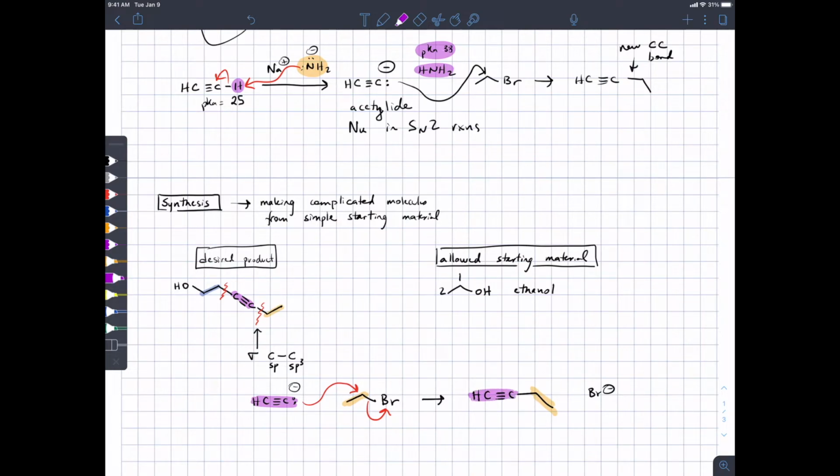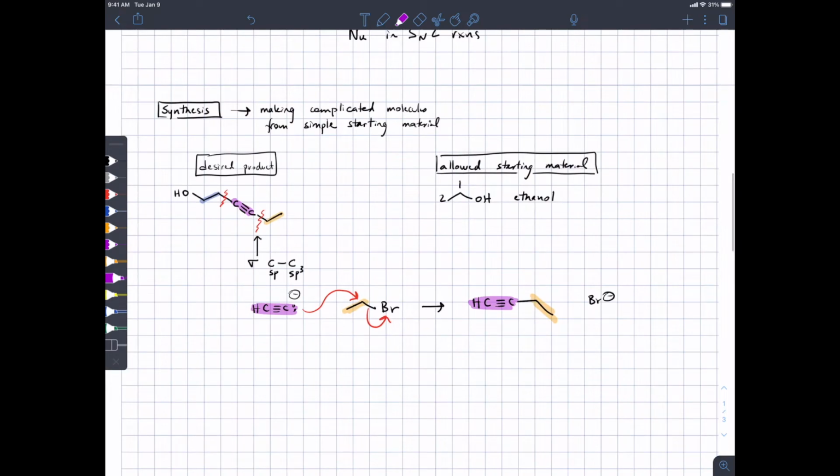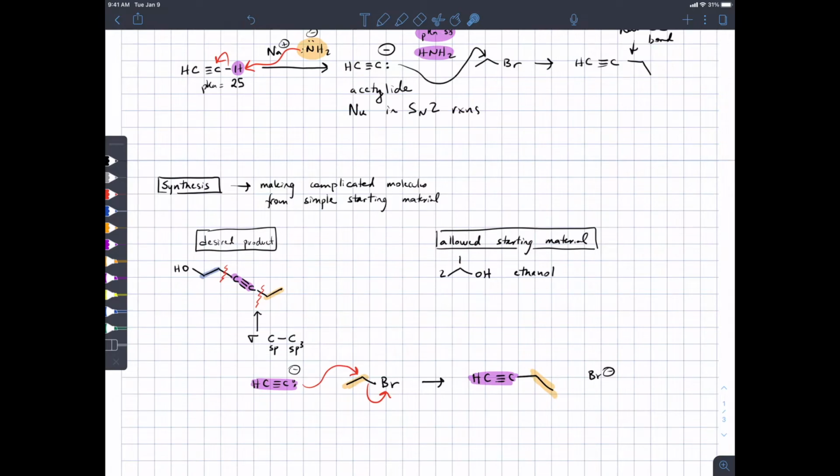All right, so that's progress, because we've figured out a way to take simpler starting materials and make our more complicated product. Now, we're not finished, in part because we haven't yet figured out how to connect the blue section with the purple section, and we haven't yet figured out how to get the purple section and the orange section from the allowed ethanol starting material.